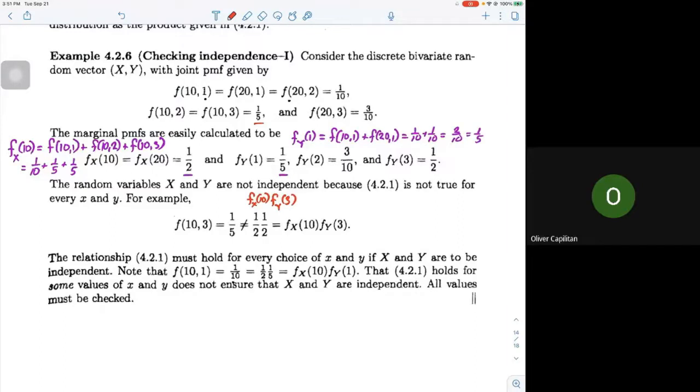And then we have shown here that the joint PMF is not equal to the product of the marginal PMFs of X and Y. So by this example, this implies that X and Y are not independent.